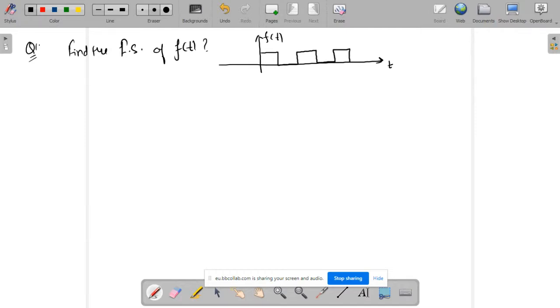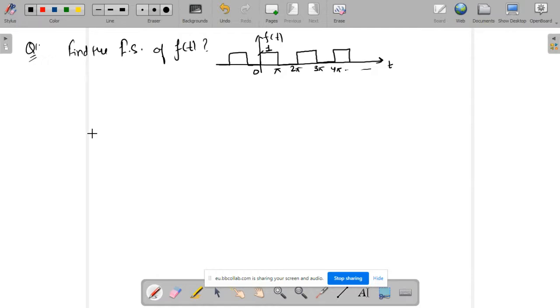This is the f(t) signal, 0, and the same on the negative side. So 0, this is pi, 2 pi, 3 pi, 4 pi, and so on. I need to find out the Fourier series of this signal.